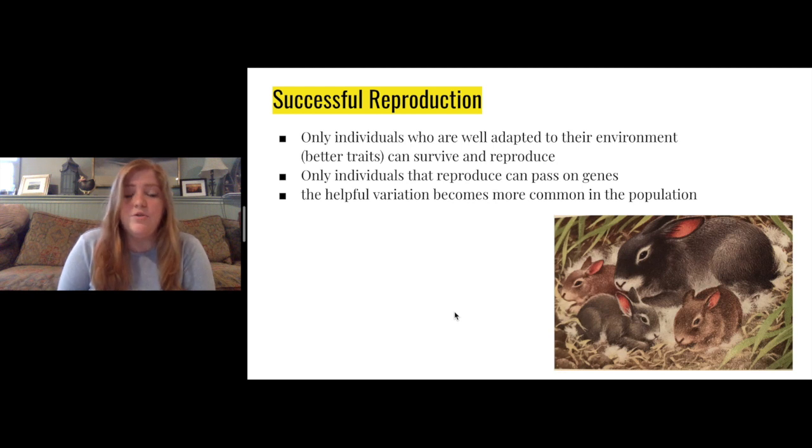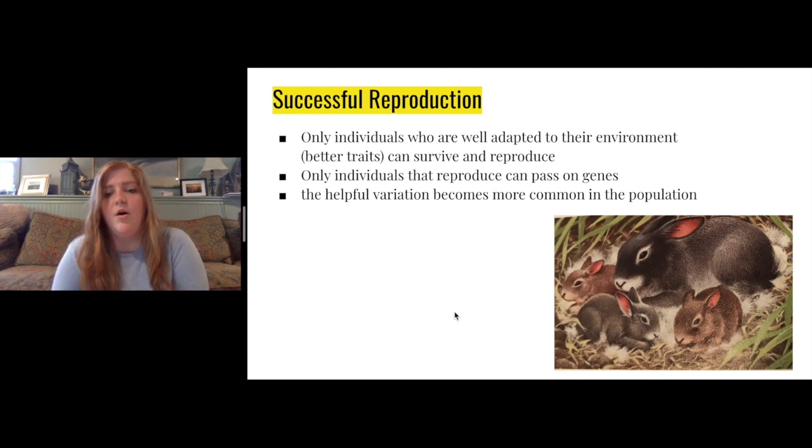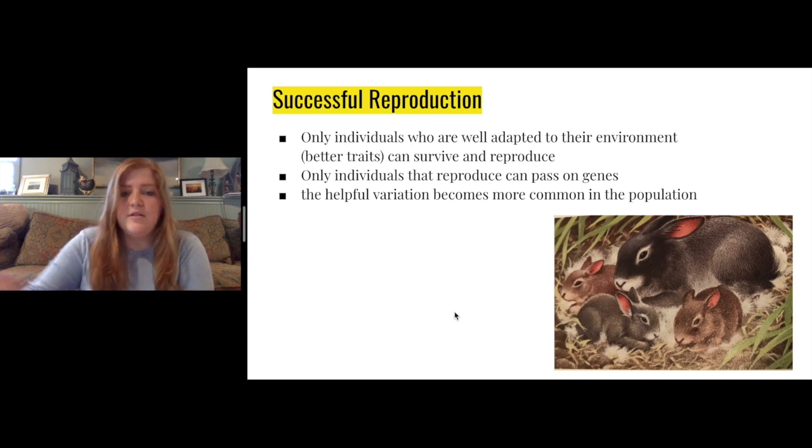That would allow them to survive in that environment. And their offspring would most likely also have that gene for hopping a little bit faster in order to escape predators and grow up and reproduce on their own. So that is the last element of natural selection. Successful reproduction must occur in order for natural selection to also occur.